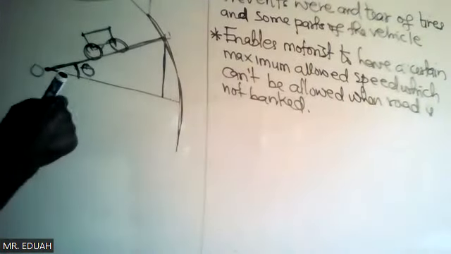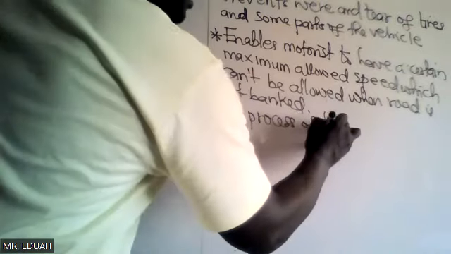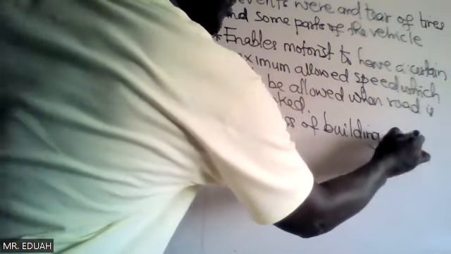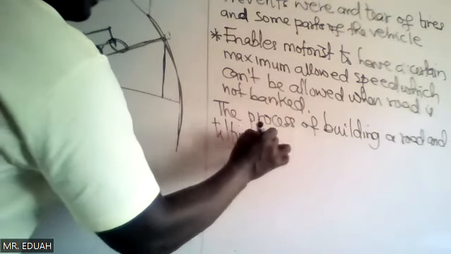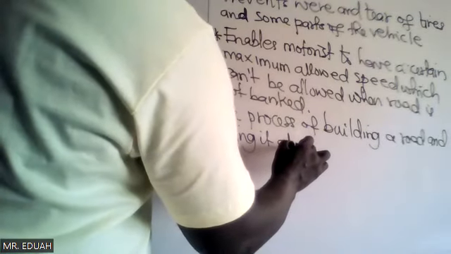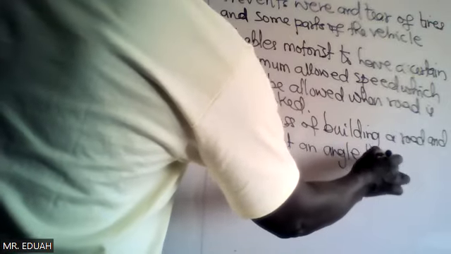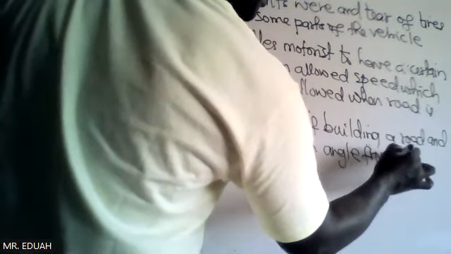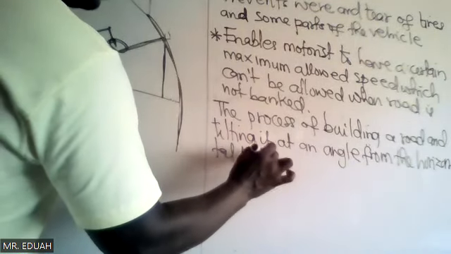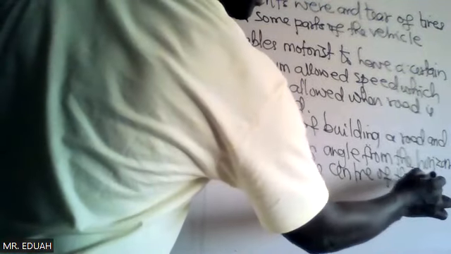Let me write the definition. The process of building a road and tilting it at an angle from the horizontal towards the center of the circle.